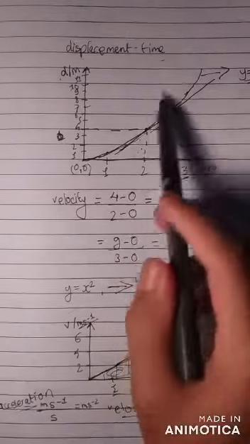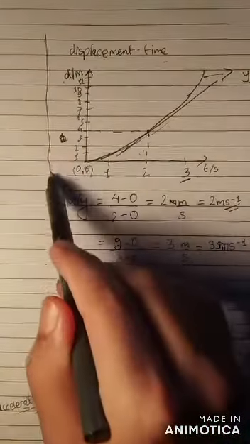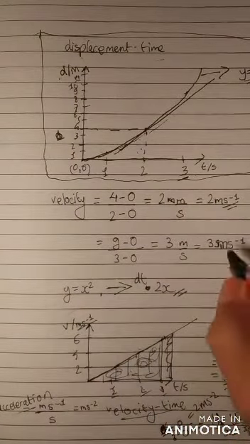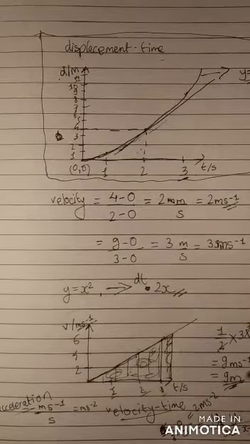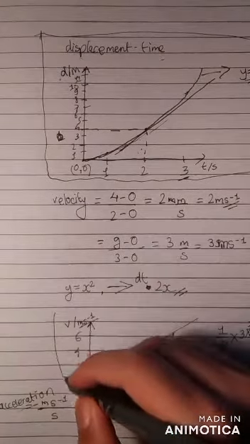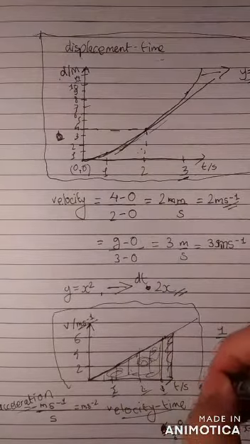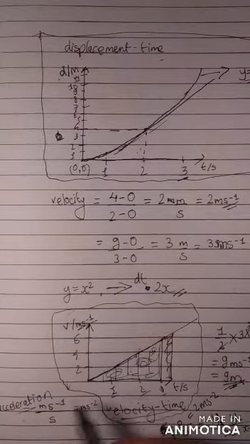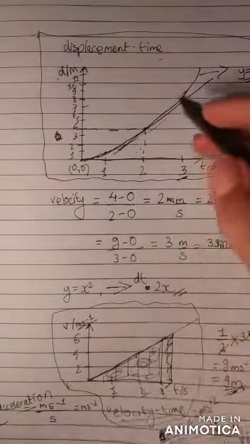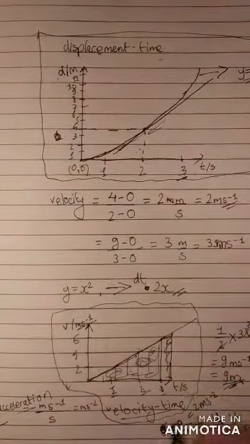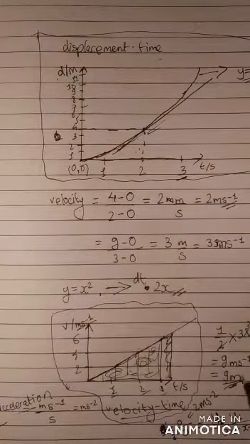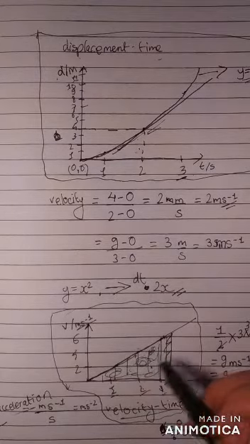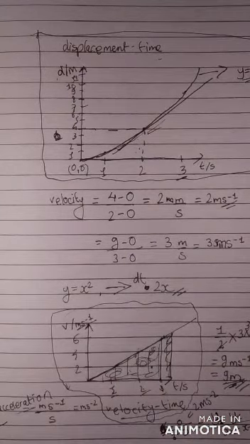So from this displacement time graph we have found the new graph of velocity time graph. We have found the acceleration, which couldn't be found directly from here, from the gradient of the velocity time graph, and from the area covered by the velocity time graph we have found the distance.